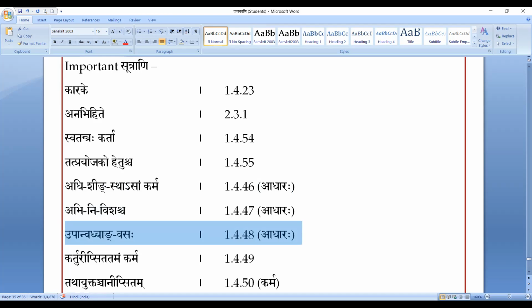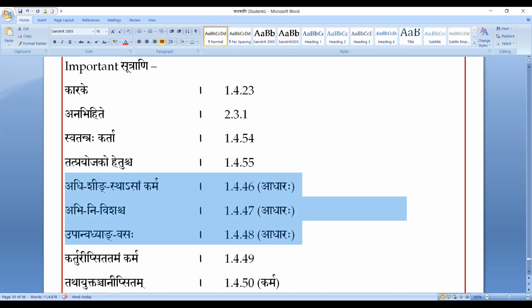Similarly, Upanvadhyanvasah, the vas dhatu with all these upasargas will also assign to the Adhara, that is the place, the locus where this action happens, the Karma Sanya. Being Karma Karaka, it will get Dvitiya Vibhakti.